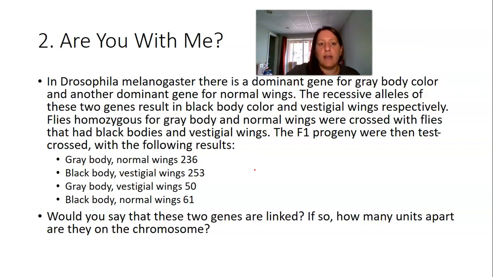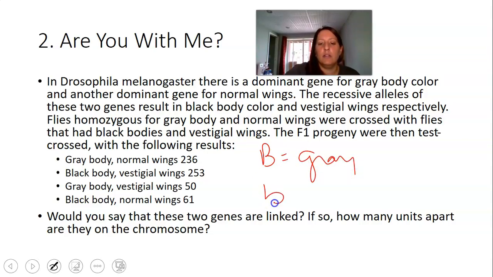So I'm going to say that big B equals gray and little b equals black. This is going to be a case of linked genes that are found on the same chromosome. We have a second set of genes that code for wing size. Oh, I already gave it away. They are linked, but you can tell by the numbers here. We'll get there in a second.